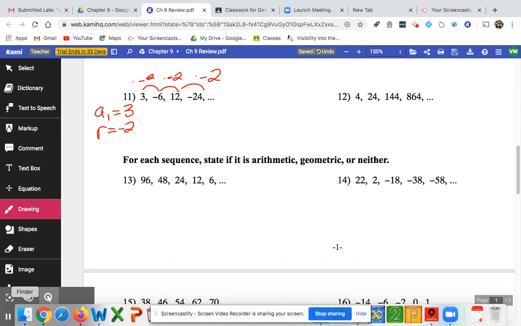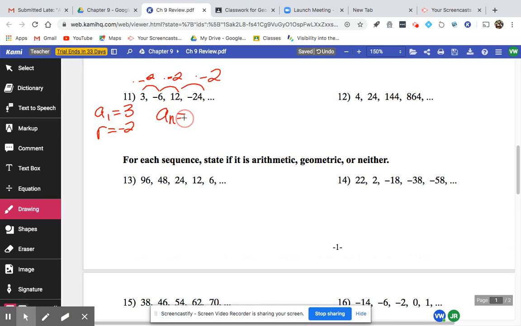Now, for a geometric sequence, if I want to find the explicit formula for it, I take a sub n, set it equal to the first term, a sub 1, times r to the n minus 1.